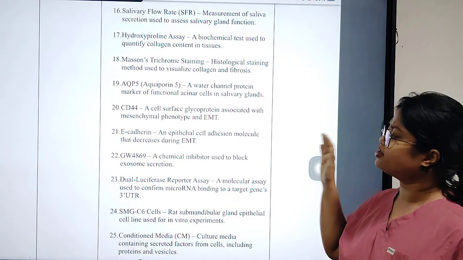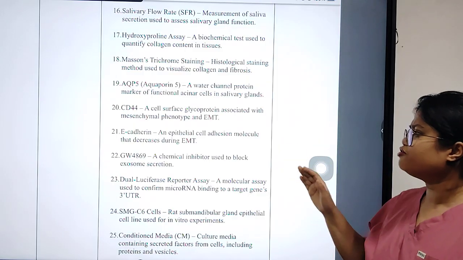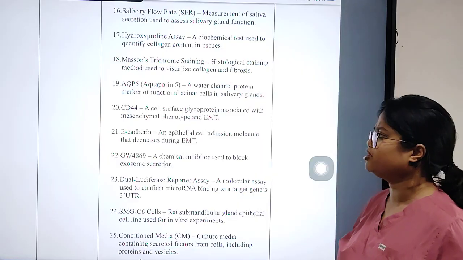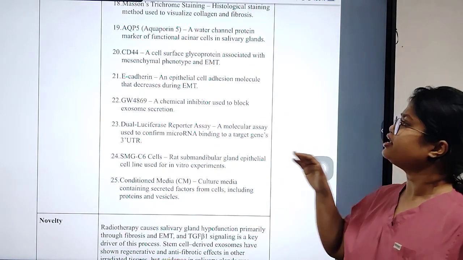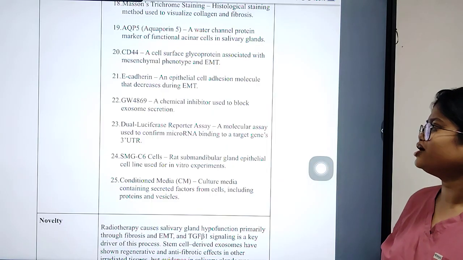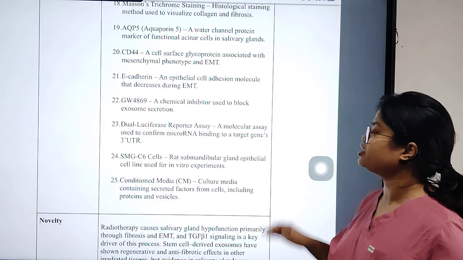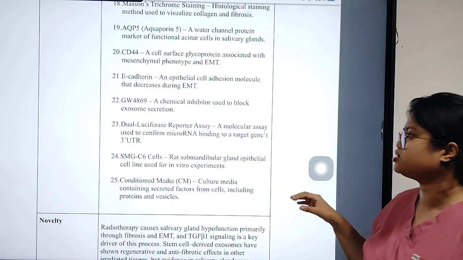Aquaporin 5: a water channel protein marker for functional acinar cells in the salivary gland. CD44: a cell surface glycoprotein associated with the mesenchymal phenotype and EMT pathways. E-cadherin: an epithelial cell adhesion molecule that decreases during EMT. GW4869: a chemical inhibitor used to block exosome secretion, used in this study.